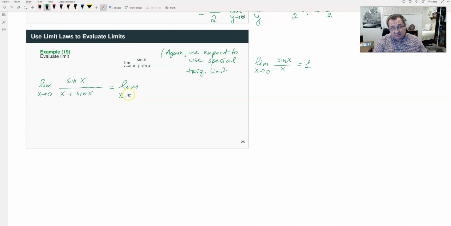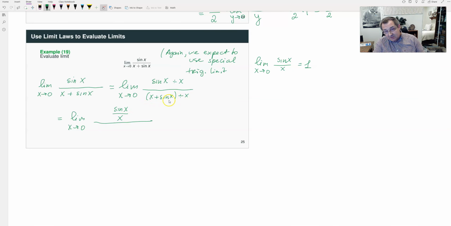It's actually fairly simple. What we need to do is divide both numerator and denominator by x. When we divide, in the numerator we have sine x over x. Well, that's a perfect match.